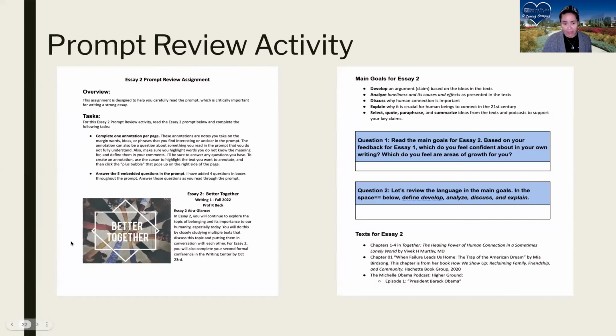This is then this activity. So I have added images of my prompt. This is a prompt for essay 2, and they receive my prompt for the essay at the beginning of the unit. And as I explained, this is then 2 weeks later, where we come back to the prompt after we have completed all the readings.